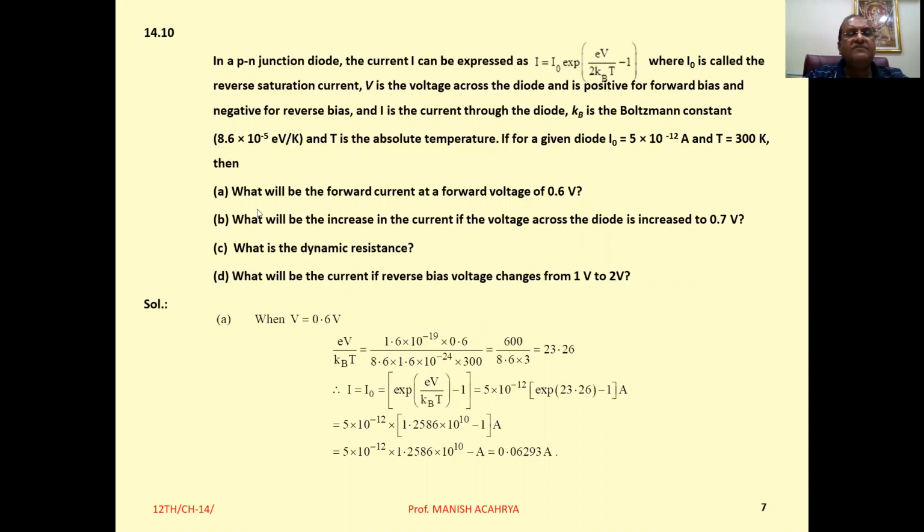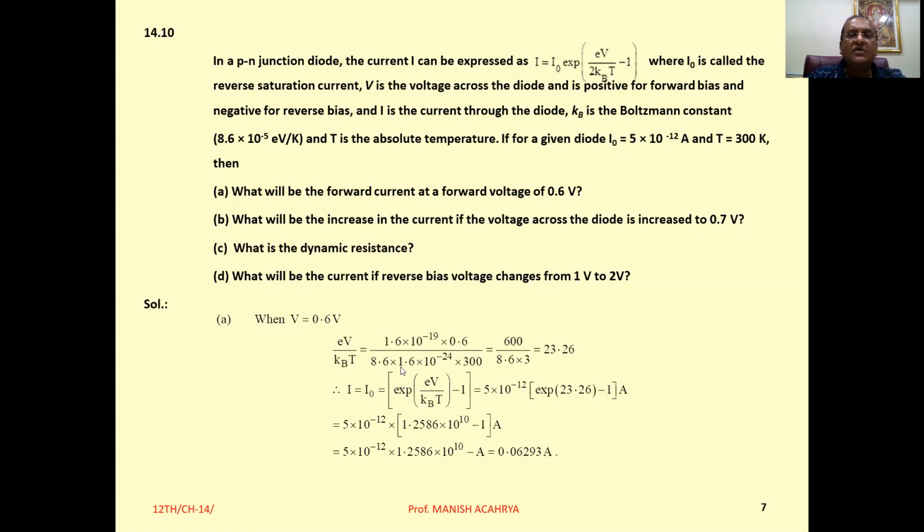Okay. Now see, first we have to calculate the forward current for forward voltage 0.6 volt. So take V equal to 0.6 volt. First calculate eV upon kBT. So substitute the value of eV, 0.6, and kB 8.6.